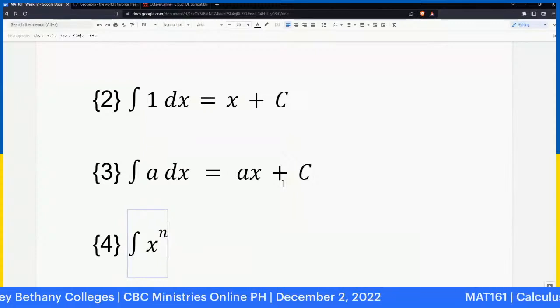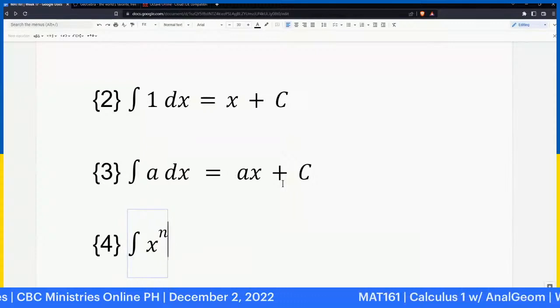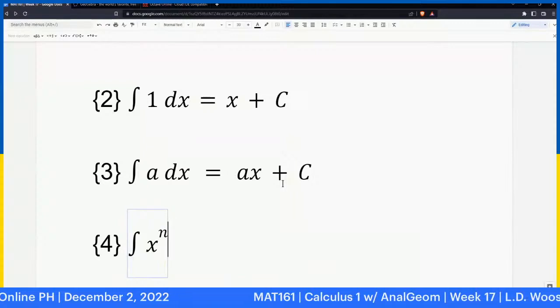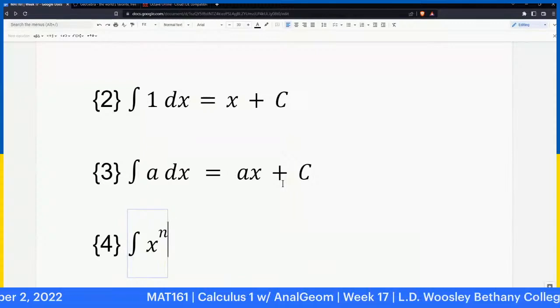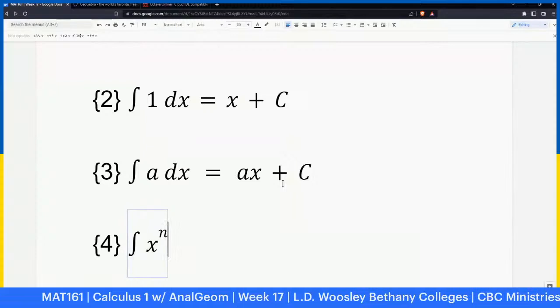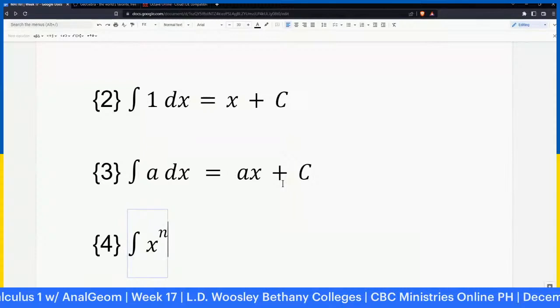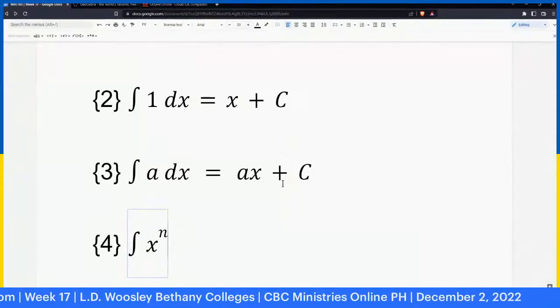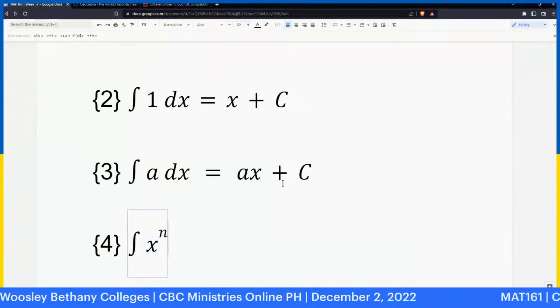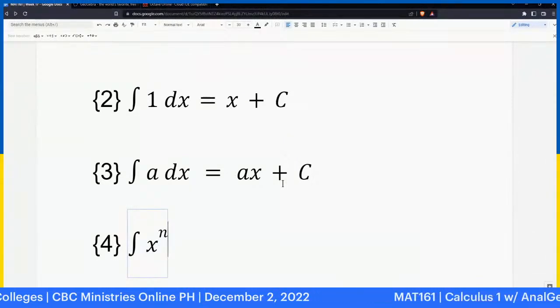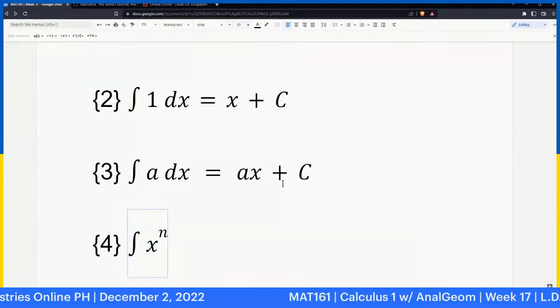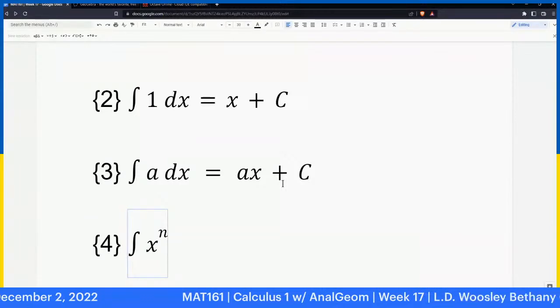Derivative of ano po sir? Ayan, x raised to n, yan yung tinatanong ko. Ay, sorry sir, hindi ko makita. Nakikinig lang po ako. Okay, nx raised to n minus 1 po. Tama, di ba? N times x raised to n minus 1.